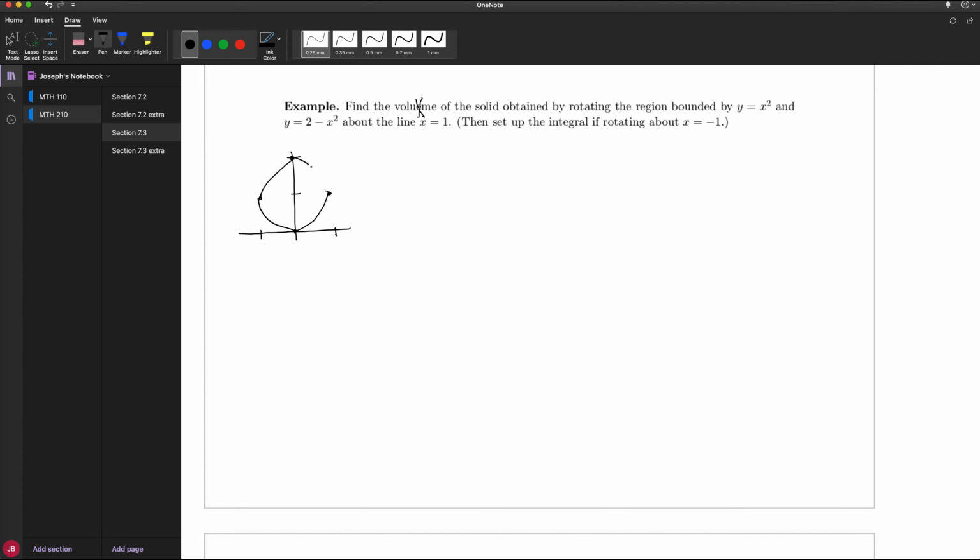So it looks like this is the region that we're going to get from -1 to 1. And now we are going to spin that about x equals 1. So this is our axis now. First thing you'd have to find, class, is actually where these functions meet. It is -1 and 1, but to verify that, you would solve this equation.